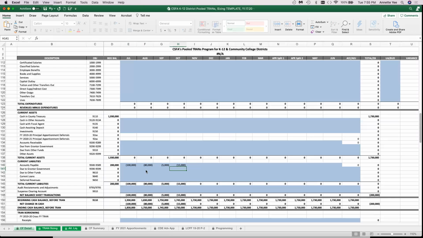So this might be more accurate, or what would actually happen with a district, because it's not just one vendor, it's not just one or two payments, but multiple payments paid to multiple vendors. And the goal is to get to zero at this point, and if not, then to write off the payment like we showed earlier.